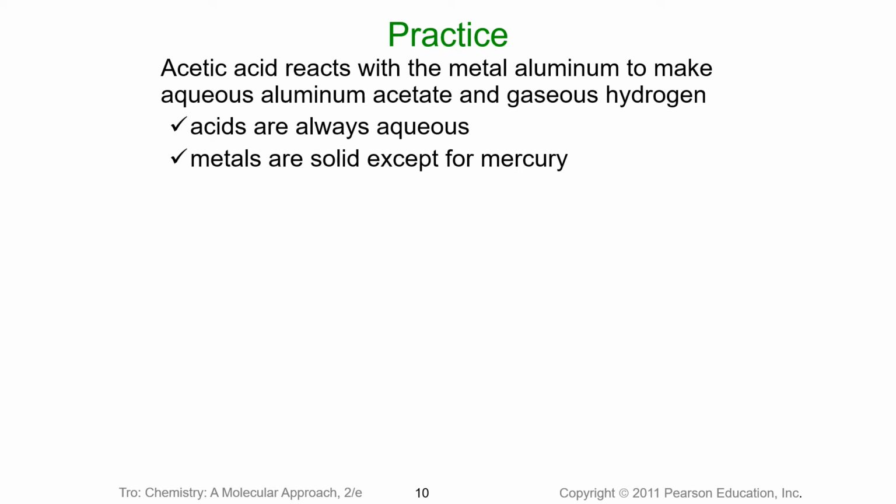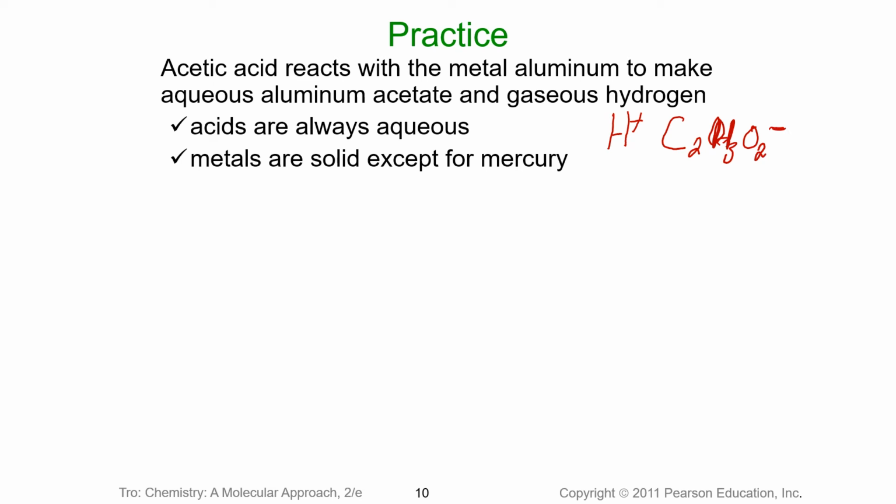Acetic acid, we know that the cation is hydrogen and acetate is C2H3O2 minus.